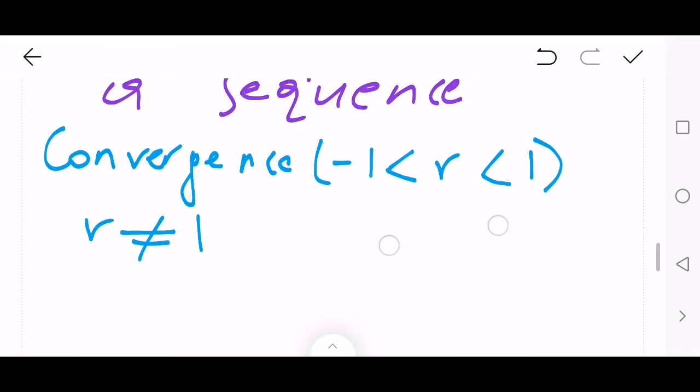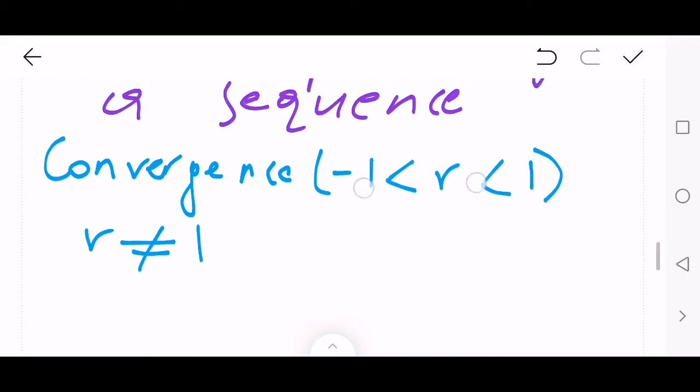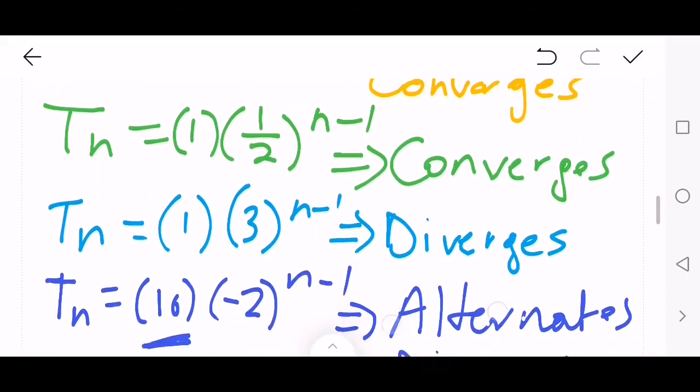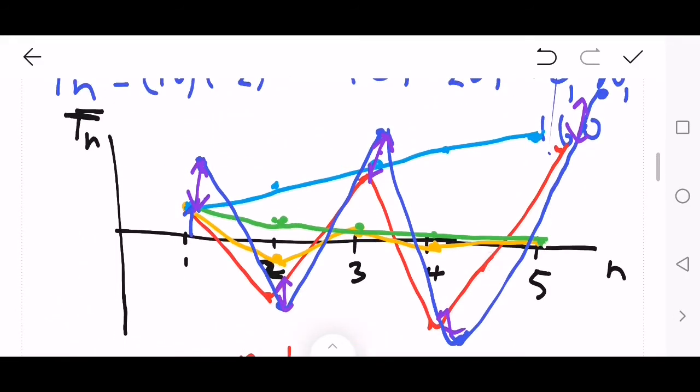In a converging sequence, as n goes to infinity, the sequence will tend to a certain number. As we have seen in our graph here, it tends to 0. However, it may tend to any number.